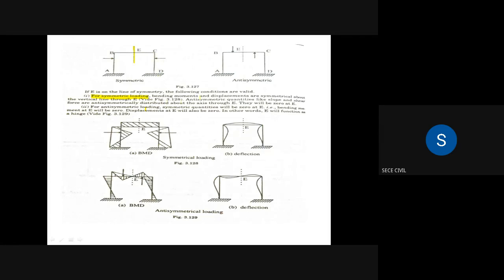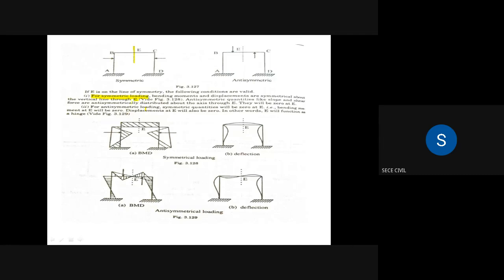So the bending moments and displacements are symmetrical about the vertical line through E, for a symmetric frame with symmetric loading. If E is on the line of symmetry, the bending moments and displacements are symmetrical about the vertical line through E.